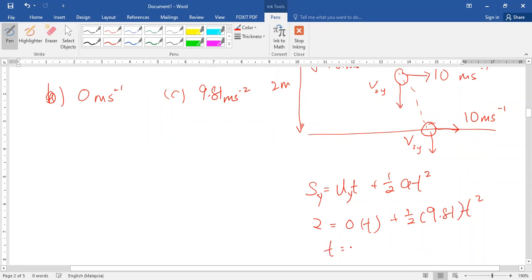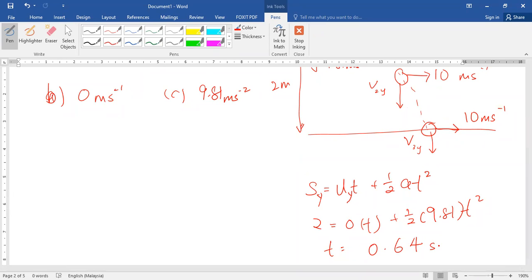So from here, what will be the t? t is equal to the square root of 4 divided by 9.81. That means I will get 0.64 seconds.